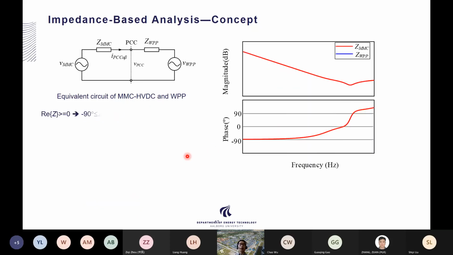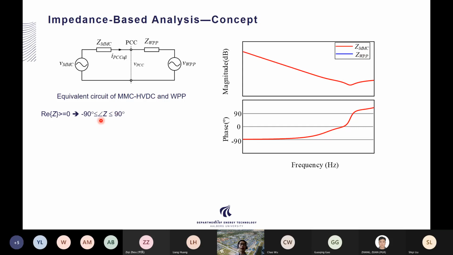Okay, based on this insight, if we want to avoid any instability issue, we would always wish that the real part of each impedance is larger than 0, which means that both the MMC impedance and the wind power plant impedance should have some positive damping.